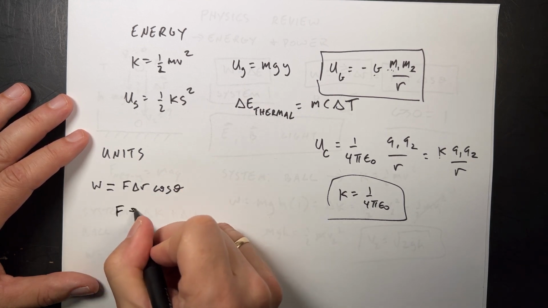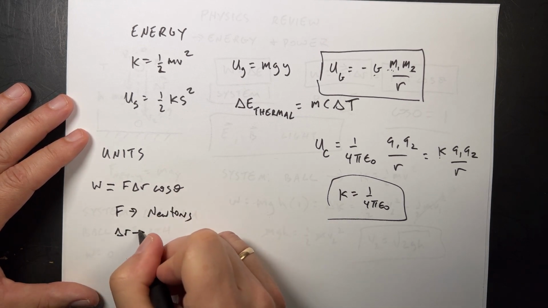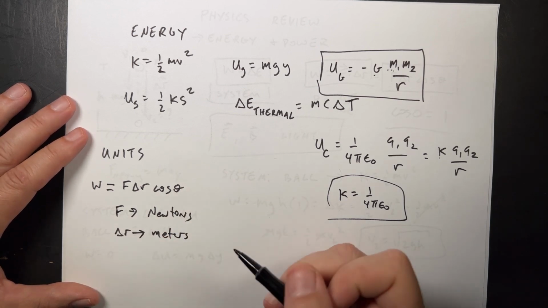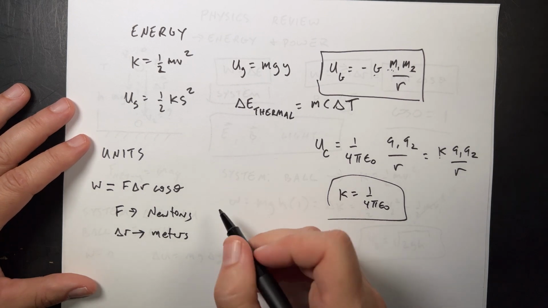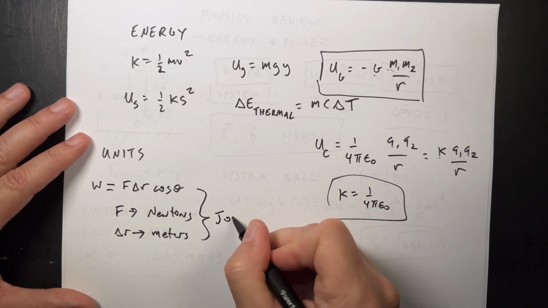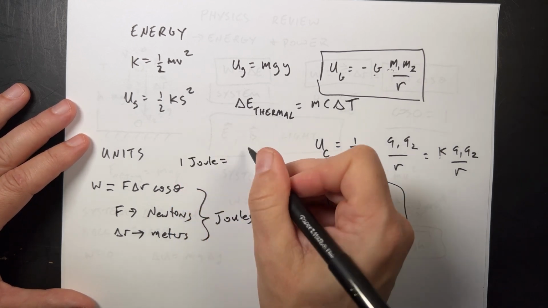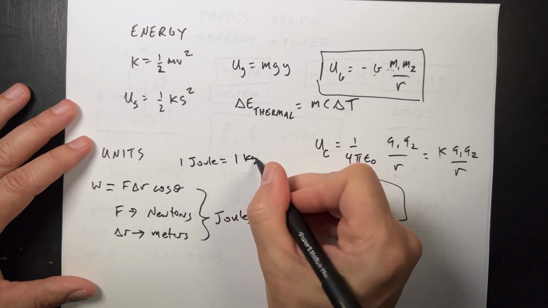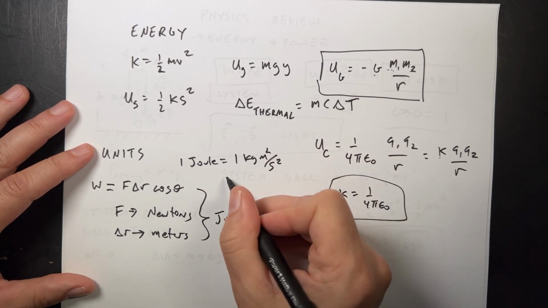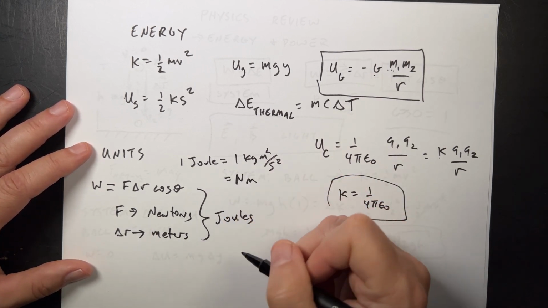If F is in newtons and delta R is in meters, and cosine theta has no units, right, because it's a ratio, then the work done would be in units of joules, where 1 joule is equal to 1 kilogram meter squared per second squared, or 1 newton meter. You could do the same equivalent.